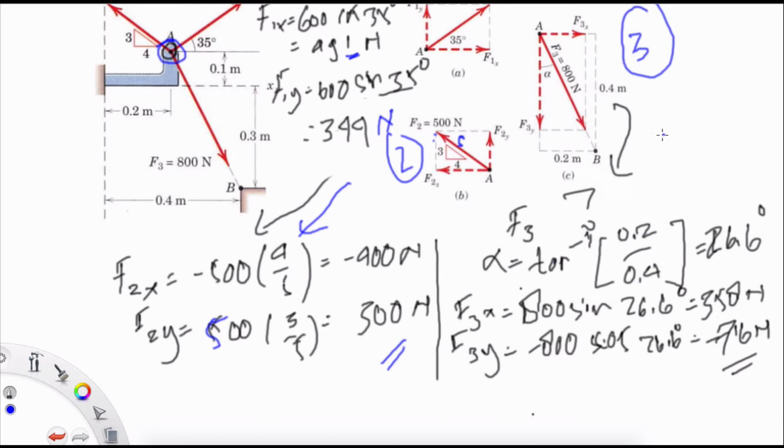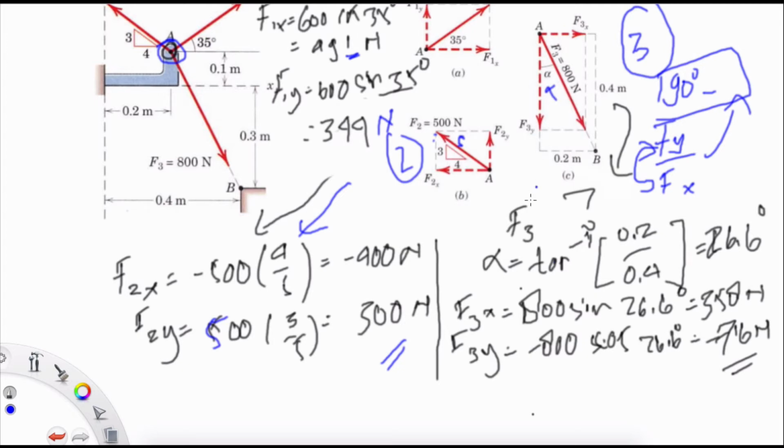You can also use fy divided by fx, but after that you have to take 90 degrees minus the result. If you don't want to waste your time, you can reciprocate this, so fx divided by fy. So we will have 0.2 divided by 0.4, 26.6 degrees I mean. And then after that we have this angle.